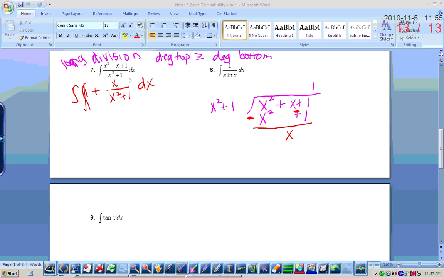It's supposed to be a parenthesis. Okay, so I used long division, and I took the result of that long division, including the remainder, and now that's what I'm going to integrate.